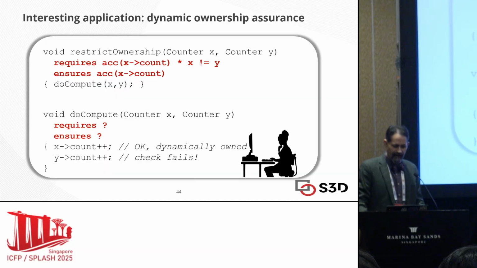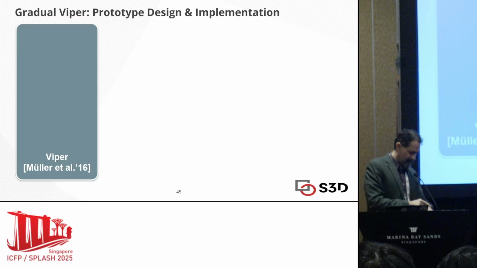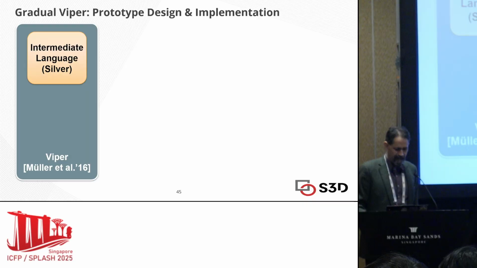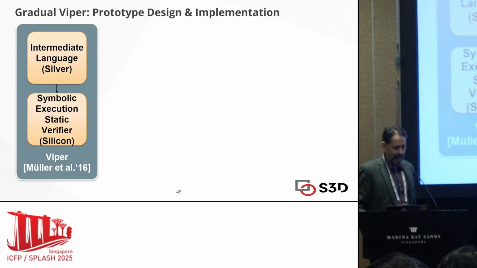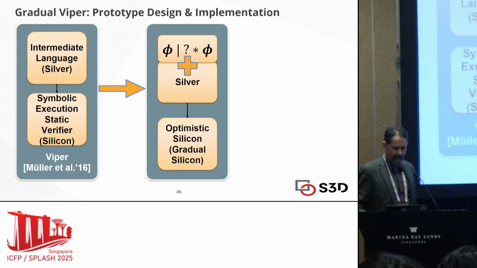Okay, so I think I'm at the end of my slot, so I'll just say we have an implementation of this. It's built on top of the Viper infrastructure. We extended it with some gradual verification techniques.